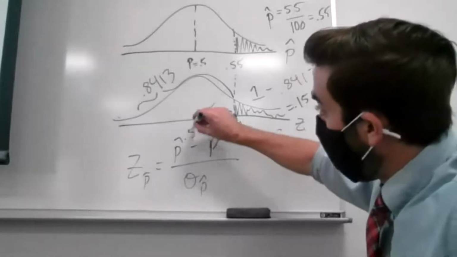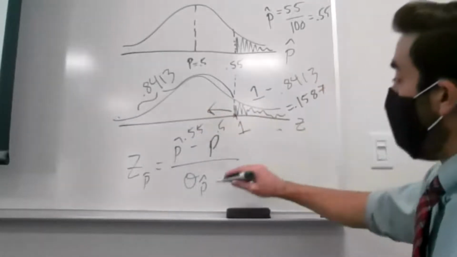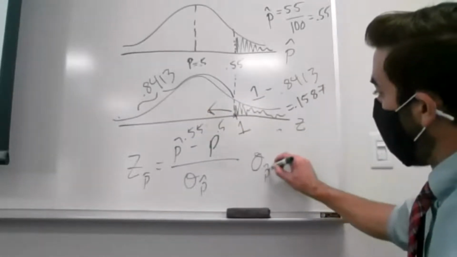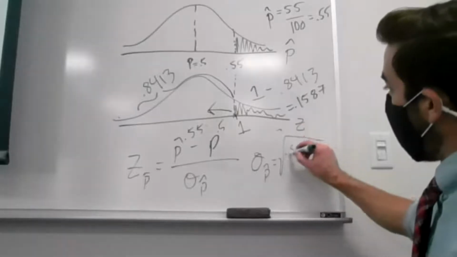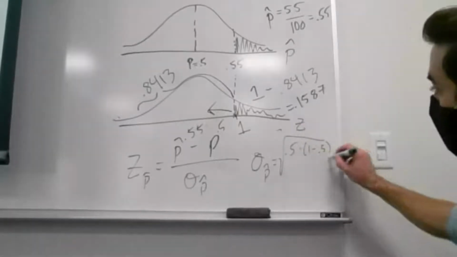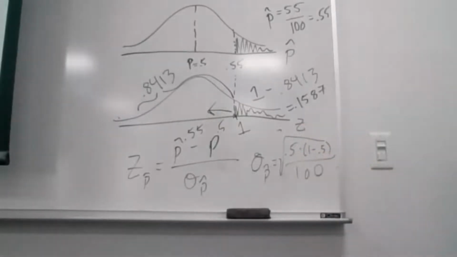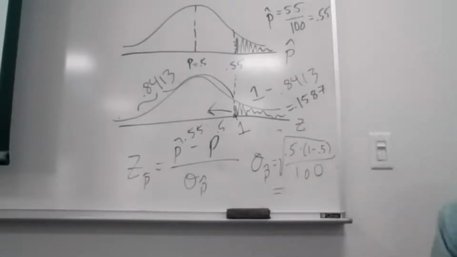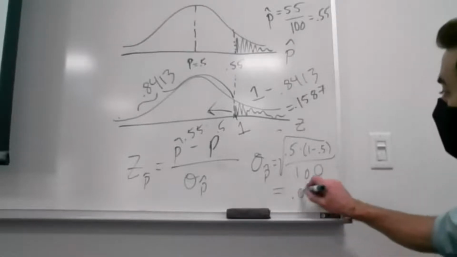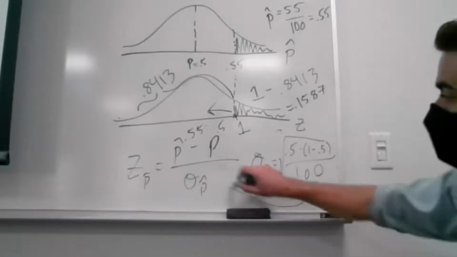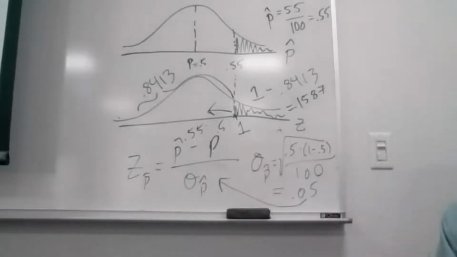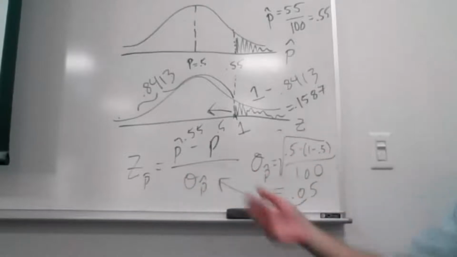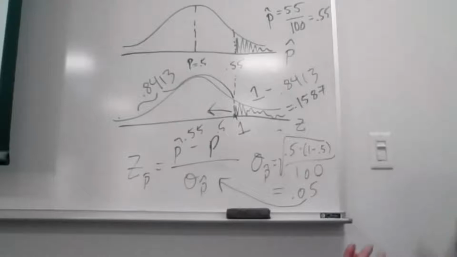So this was 0.55, this was 0.5. I could have first plugged this into my calculator, and this ends up being 0.05. I could have then just plugged that into my denominator. That's just breaking it down into more steps. Before, we had this whole function built into the denominator. So whichever way is easier for you, it's fine, you'll get the same answer.